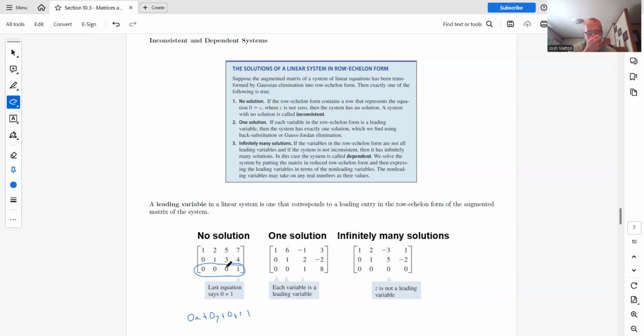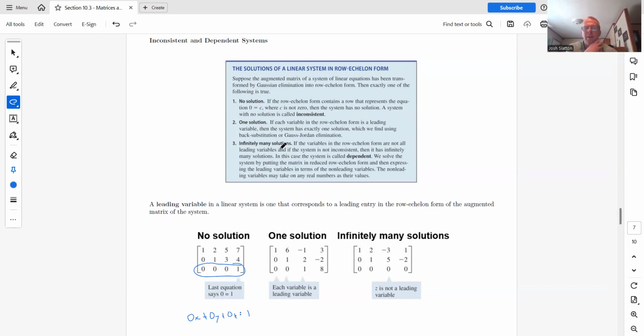So anytime the variable columns are zeros, and then the right-hand side column is not a 0, there's no solution. One solution is when we can get it to a row echelon form or a reduced row echelon form, where each row has a leading entry, and then it works out.